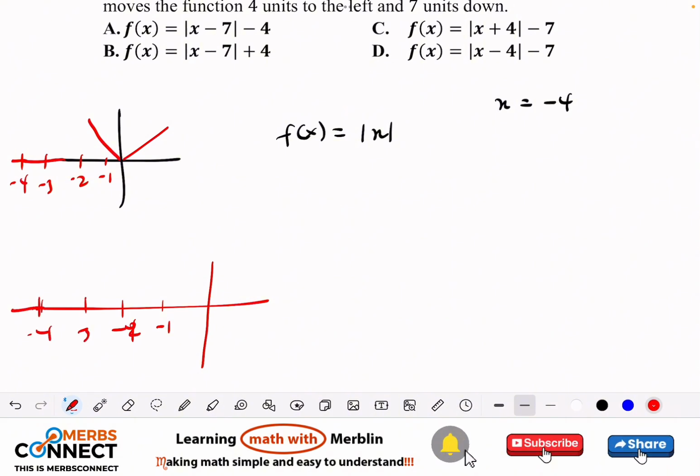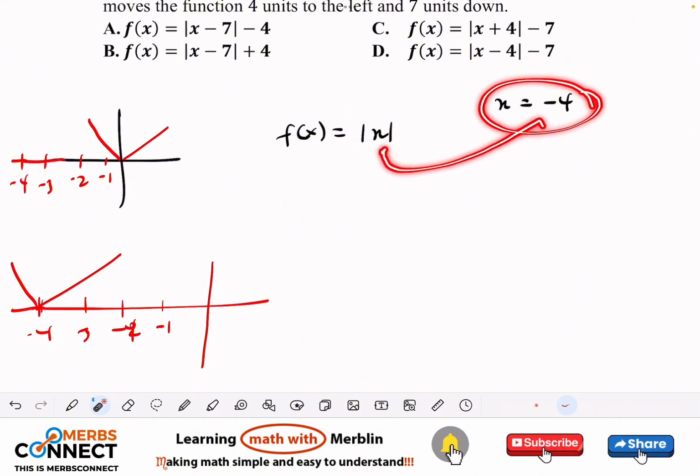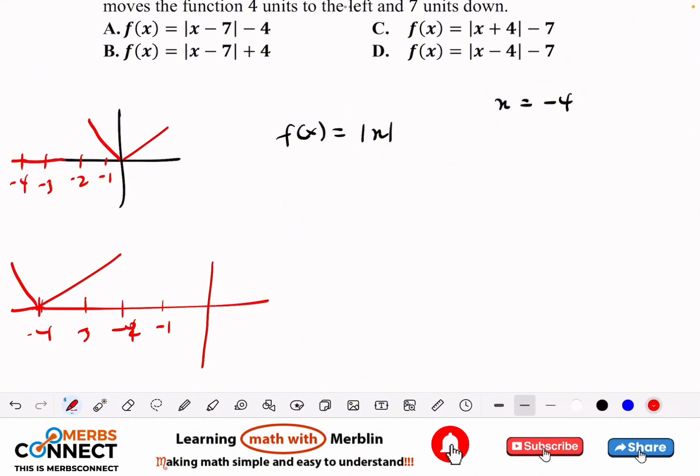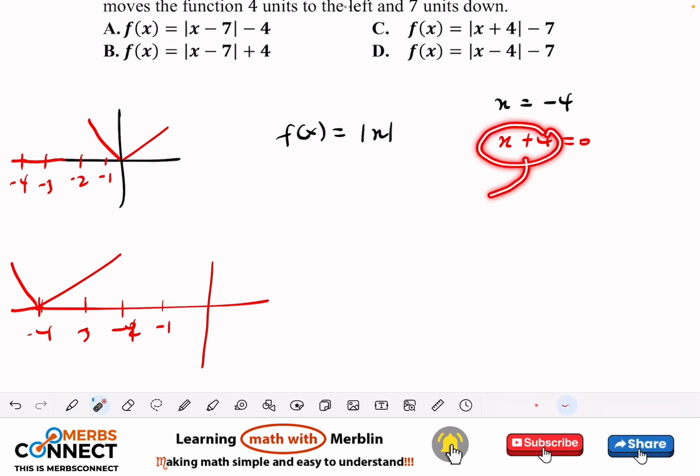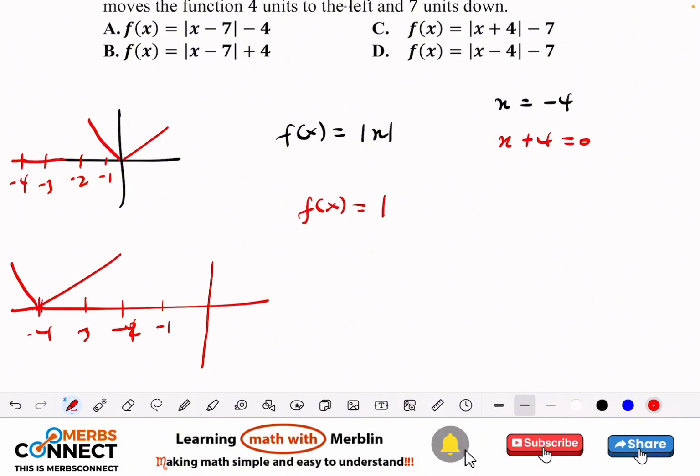So I'm going to move like this to the left. It means that x is equal to -4. So how do I make sure that I fix this one in here? So it means that here x is equal to 0. So now I'm going to fix x plus 4 inside this. So my new f of x is going to be absolute x plus 4.